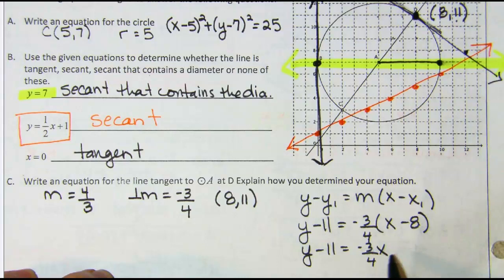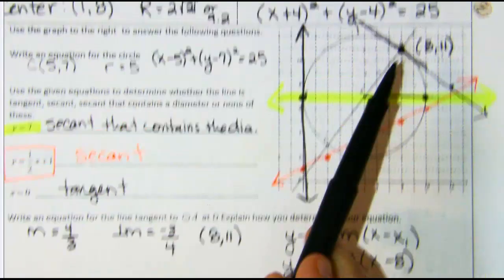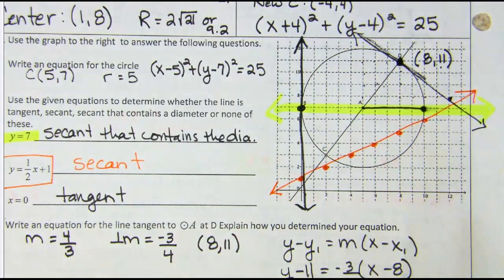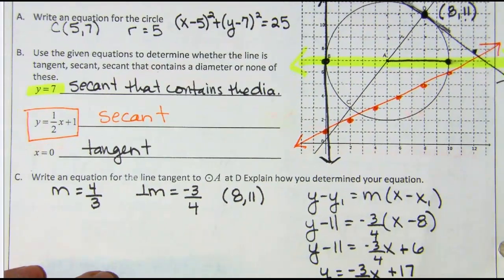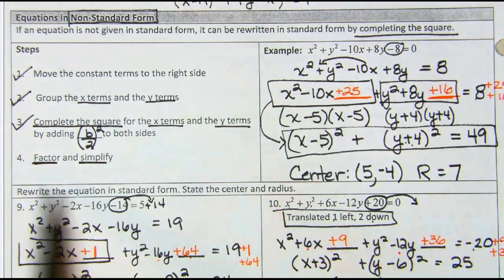That is going to give us positive 6. And then I'm going to add 11, and I get -3/4 x plus 17. So even though we can't see it up here, 17 is a reasonable answer for that. So the most important thing you need to know to do the lesson is these steps right here and all of your vocabulary.